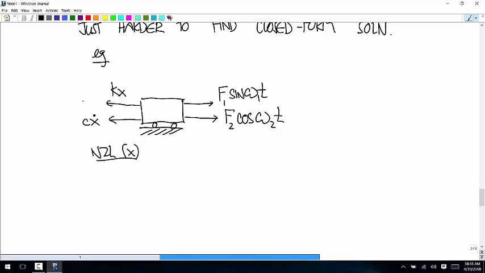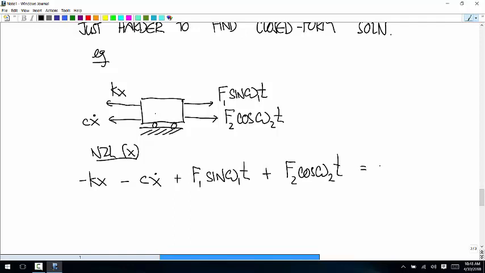Then the x component of Newton's second law says negative kx minus cx dot, plus f1 sine omega 1t plus f2 cosine of omega 2t, is equal to mass times x double dot.